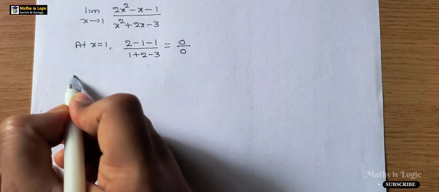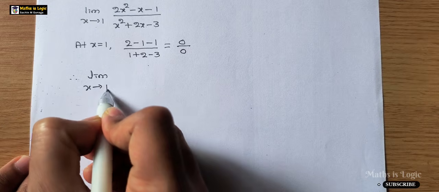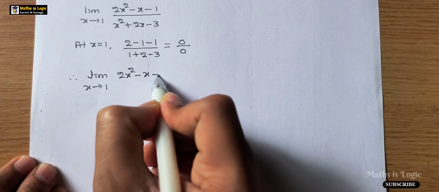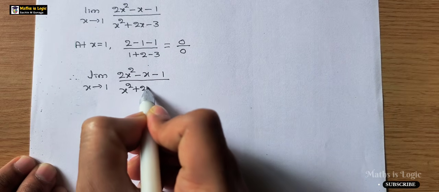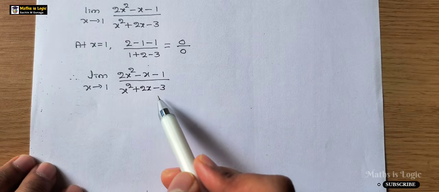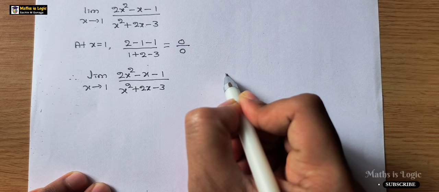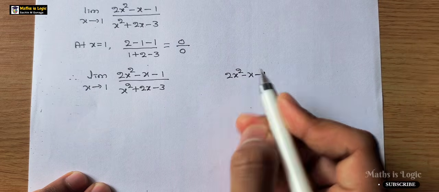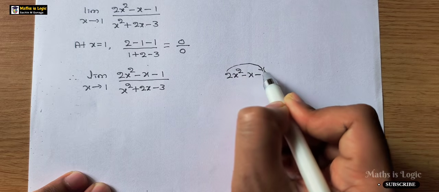Now, therefore, the given question is limit x approaches 1, 2x square minus x minus 1 divided by x square plus 2x minus 3. Apply the factorization method. So numerator 2x square minus x minus 1. First step, the x square coefficient 2 you multiply with the minus 1.